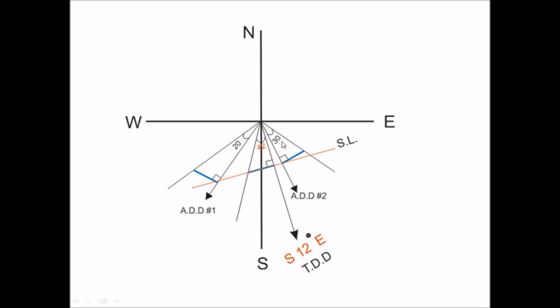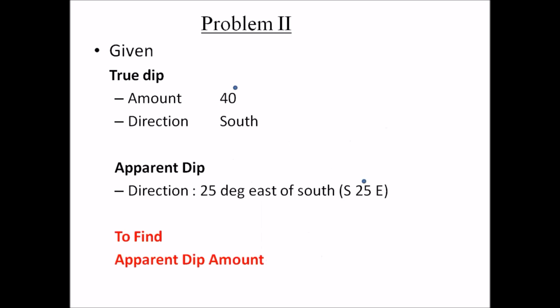So we have completed this exercise where we have determined the true dip in amount and direction using the given apparent dips in amount and direction. Now we are going to do another problem where we know the true dip in amount and direction, and we have to determine the apparent dip amount if the apparent dip direction is given.